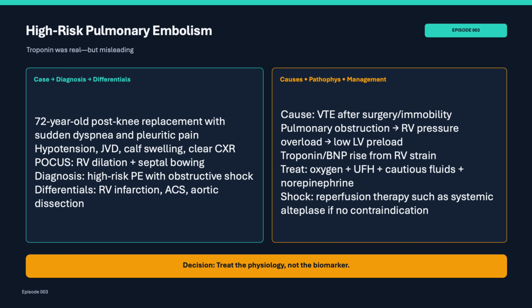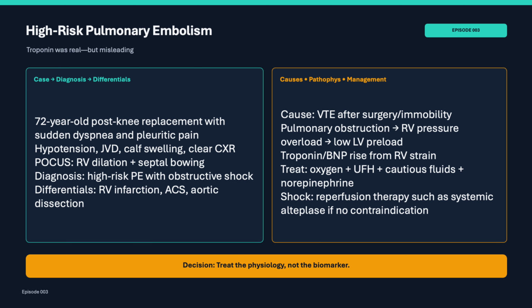Our patient received alteplase and initially improved, but then developed intracranial hemorrhage. That forced another reprioritization. Stop thrombolytic and anticoagulant treatment, stabilize the brain injury, reverse the coagulation defect when indicated, and urgently involve neurosurgery. The key decision from episode 3 was: treat the physiology, not the biomarker.